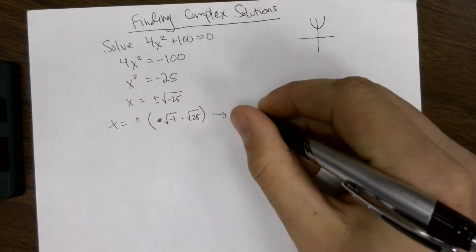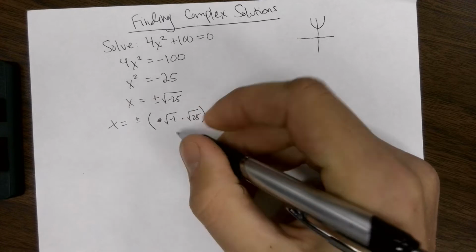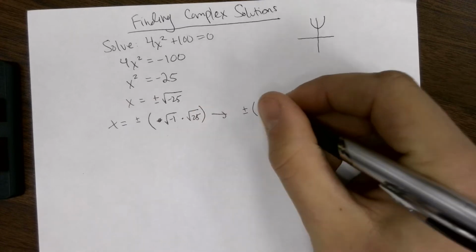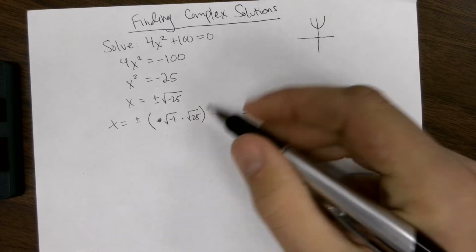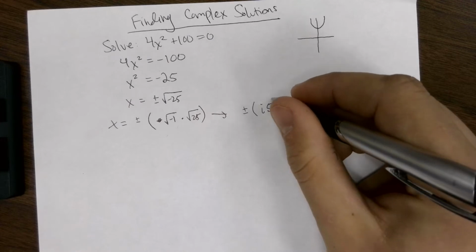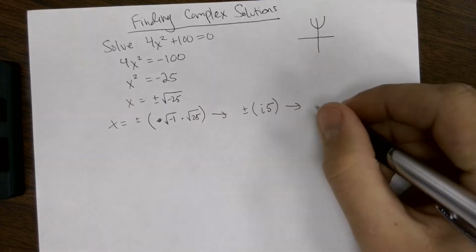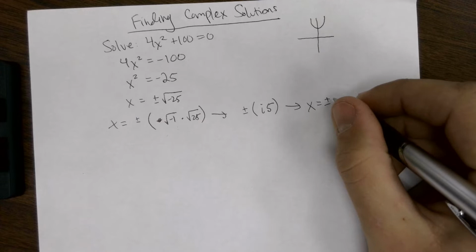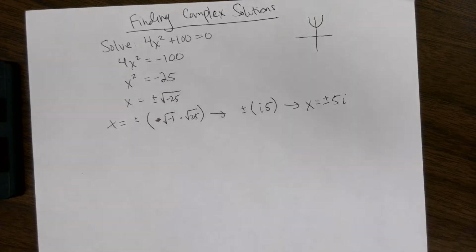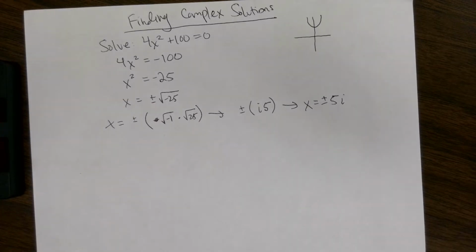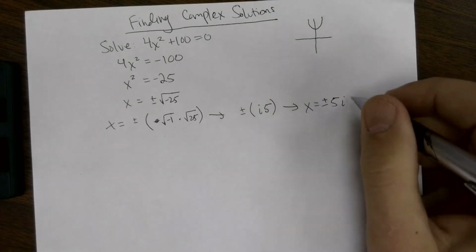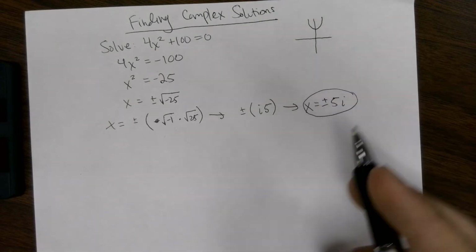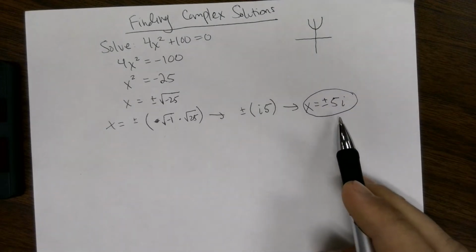The square root of negative 1 becomes i. The square root of 25 is 5. So if I rewrite this, I should have x equals plus or minus 5i. And that's it. You're finished with that. The answer is x equals plus or minus 5i.